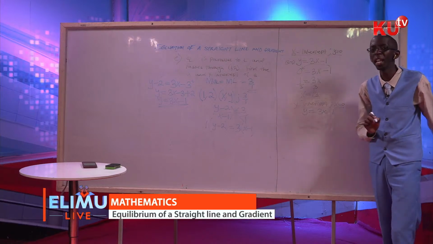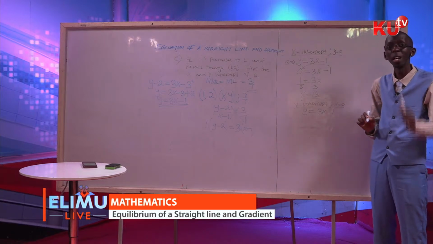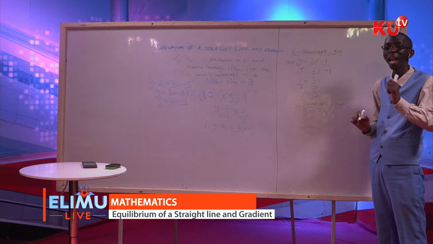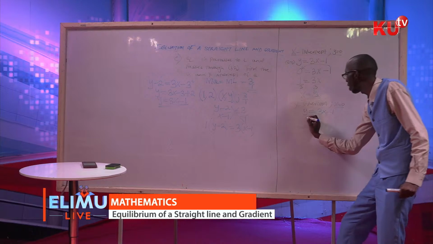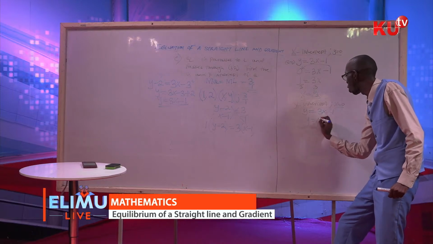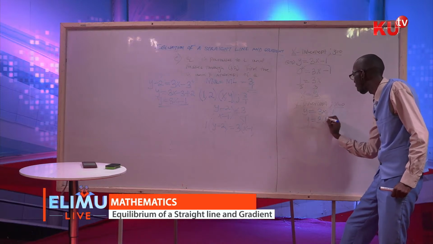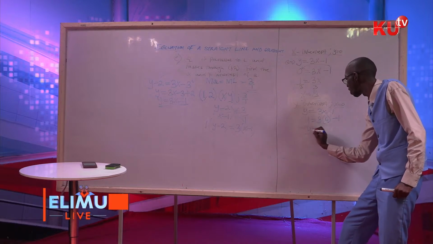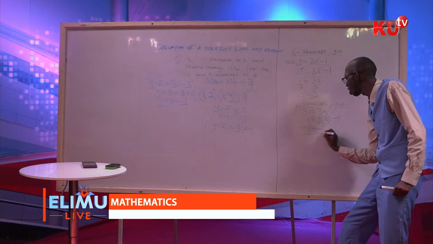Now we need to get the y-intercept, getting the value of y when x is 0. It will be y is equal to 3(0) minus 1. y is equal to negative 1.